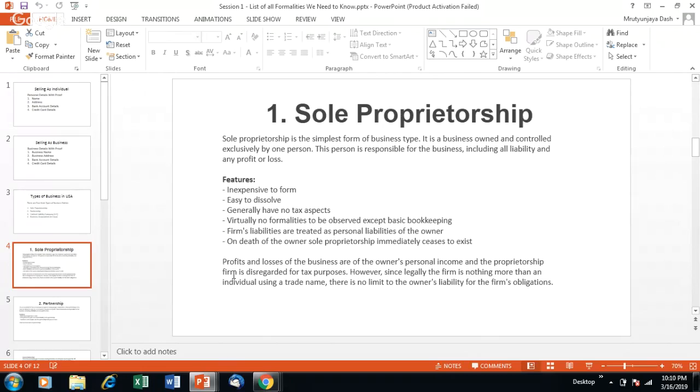The problem would be, if they win that lawsuit and the court says you have to pay a certain amount, then even if you are not able to pay, all your individual assets will be at stake.